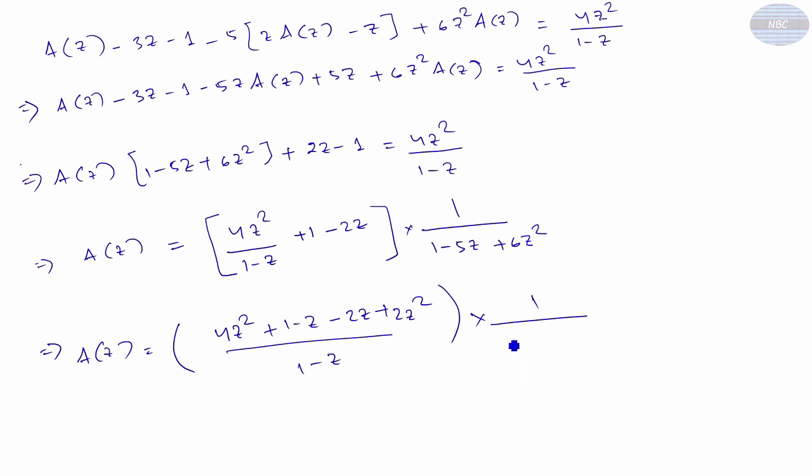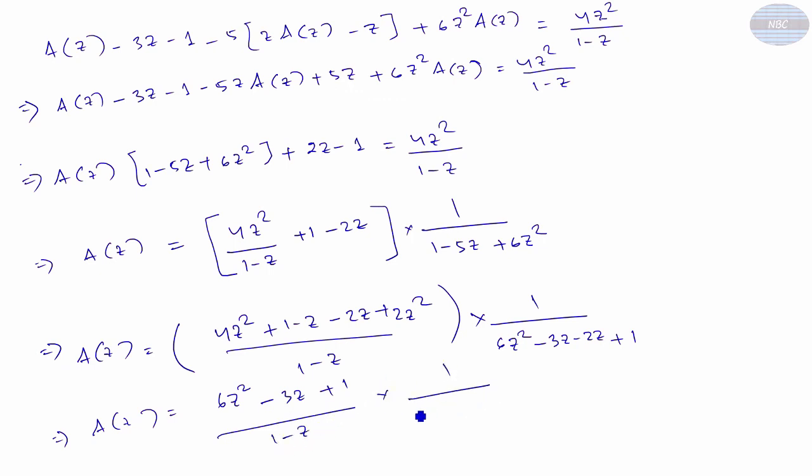Let us write down the square term first, 6z square, and minus 5z can be written as minus 3z minus 2z, plus 1. So A(z) is equal to, we can have 4z square plus 2z square is equal to 6z square, and we have minus 2z minus z is equal to minus 3z, plus 1, and we have denominator 1 minus z.